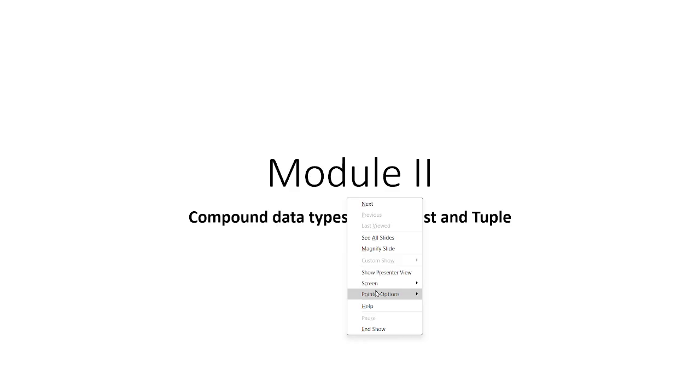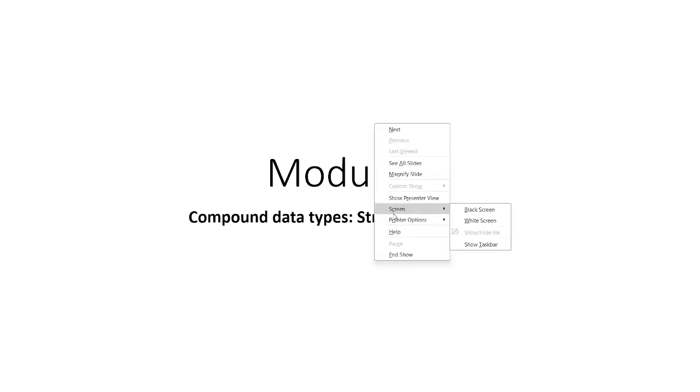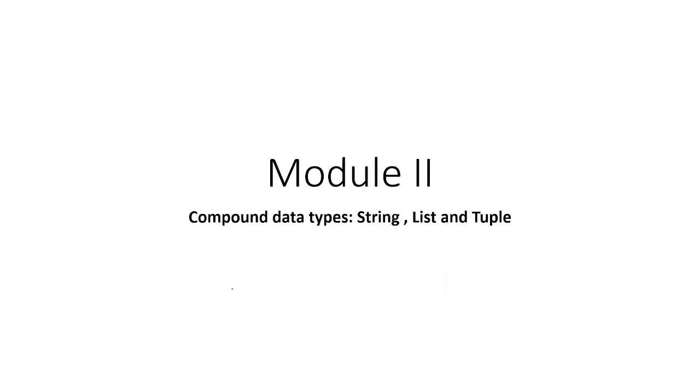In case of string, multiple characters, more than one characters, are embedded. For example, I'll be using multiple characters, say Python.